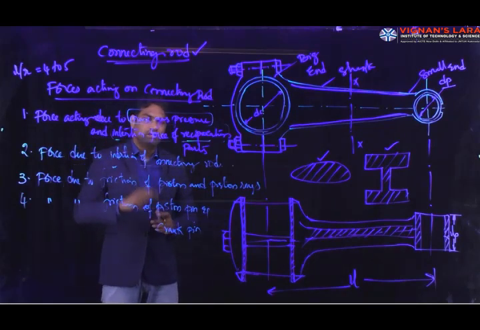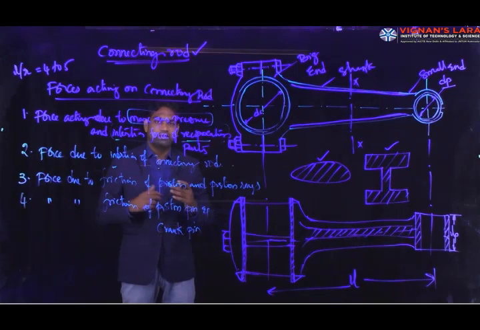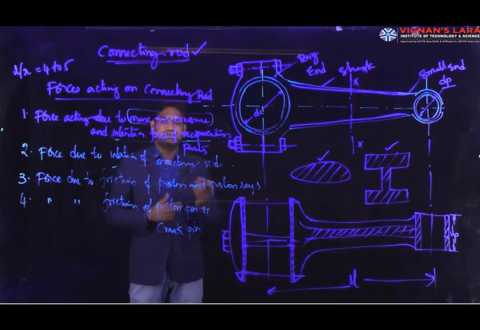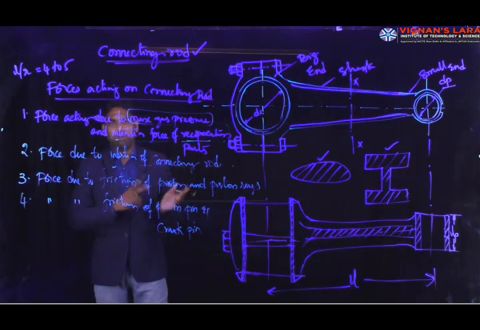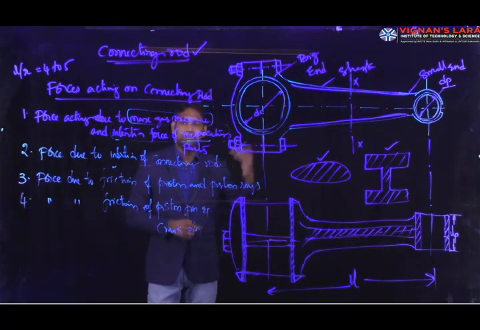But this inertia force due to the reciprocating parts opposes the force of the maximum gas pressure when the piston moves from TDC to BDC, so the difference is what it gives. Whenever the piston moves from BDC to TDC, the inertia forces act along with the maximum gas pressure, so you can take the sum of maximum gas pressure plus inertia forces as the total maximum load acting on the connecting rod when the piston moves from BDC to TDC.